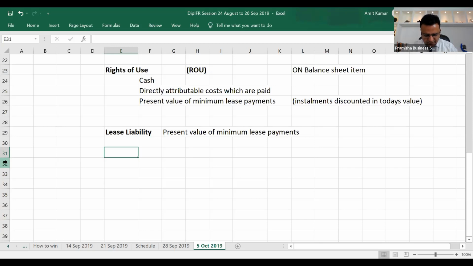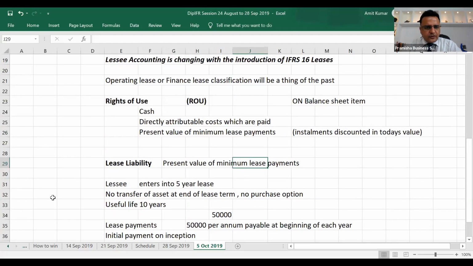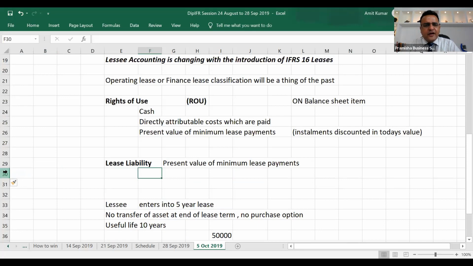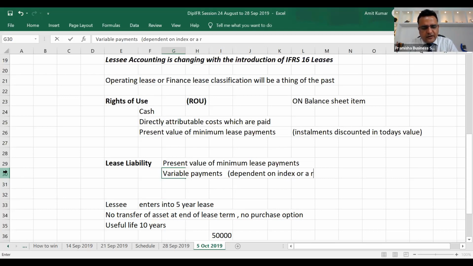And this is being done on accrual basis. You can pick up an example from the book. When it's talking about lease liability, it can be present value of lease payments. There can be other items as well, like variable payments which have been agreed, which may be dependent on an index or a rate.